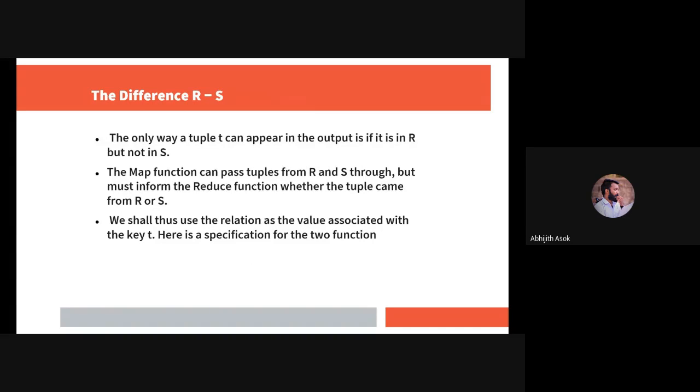To compute the difference, the only way a tuple can appear in the output is if it is in R but not in S. The map function can pass tuples from R and S through but must inform the reduce function whether the tuple came from R or S. We shall use the relation as the value associated with the key.